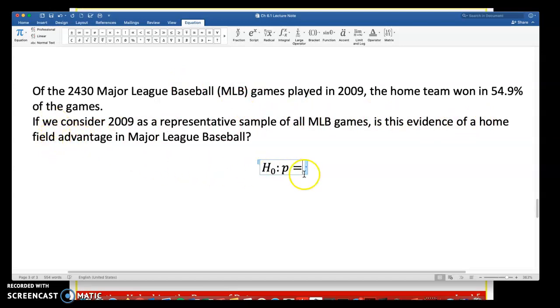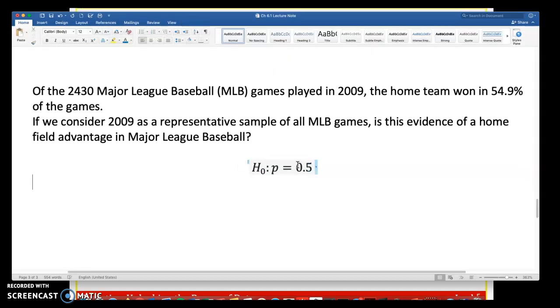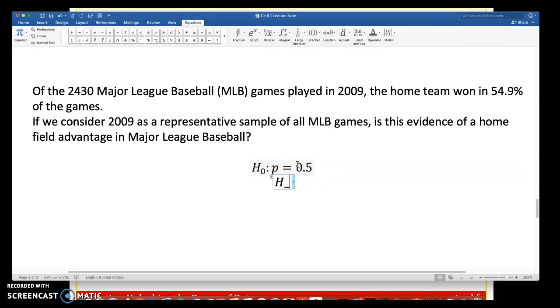So we're going to assume no home field advantage here. It's kind of a weird logic. And if there's no home field advantage, p should be 0.5. That's one game. We're going to assume equally likely options of the home team winning versus the away team. And H sub a, the alternative, we're going to assume p is greater than 0.5.